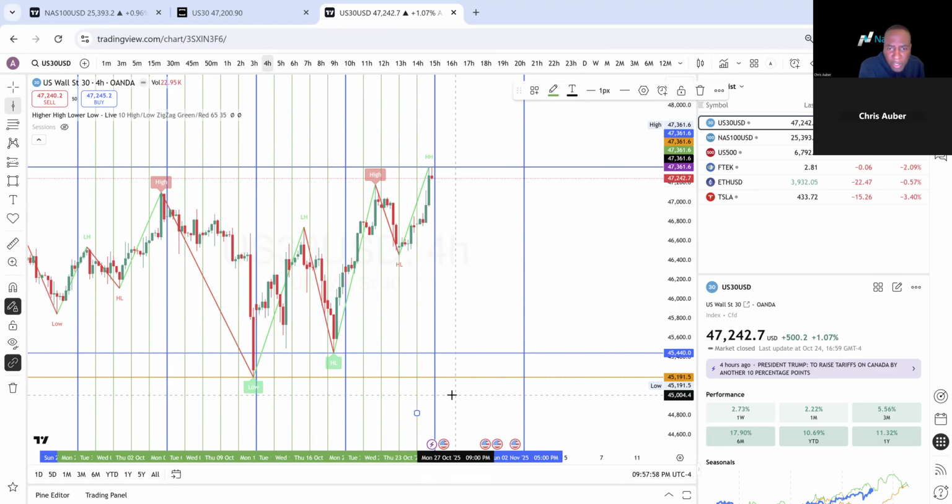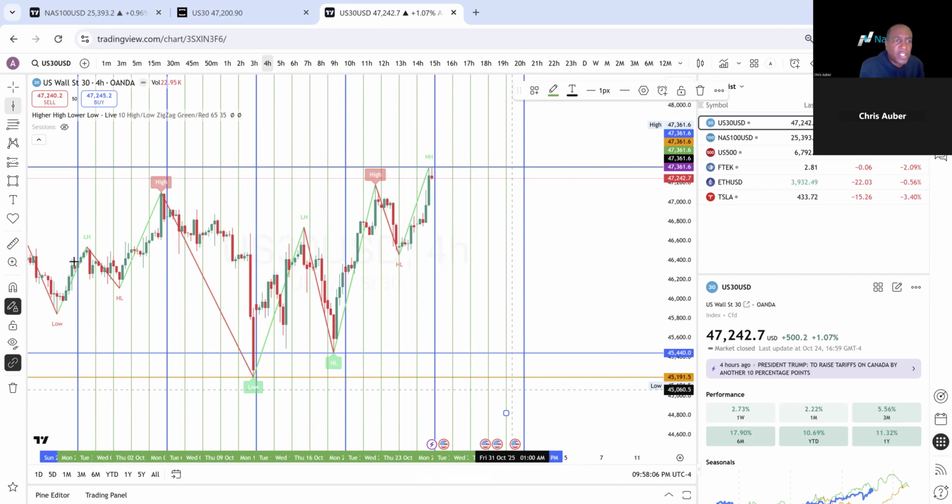This is important for consistency. That way you can see what the market does every single day. Take this tool off, just cancel that line.